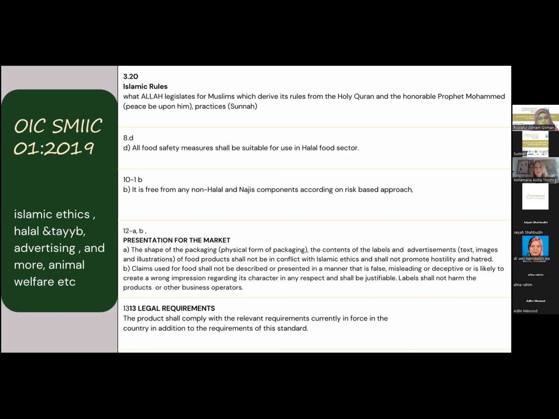First of all, we know that when we talk about Islamic rules, we refer to what Allah legislates for Muslims, which derives from the Holy Quran and from Sunnah.